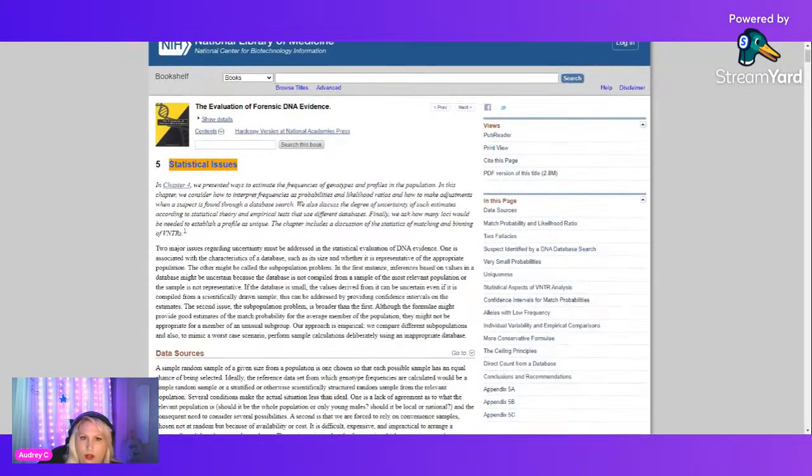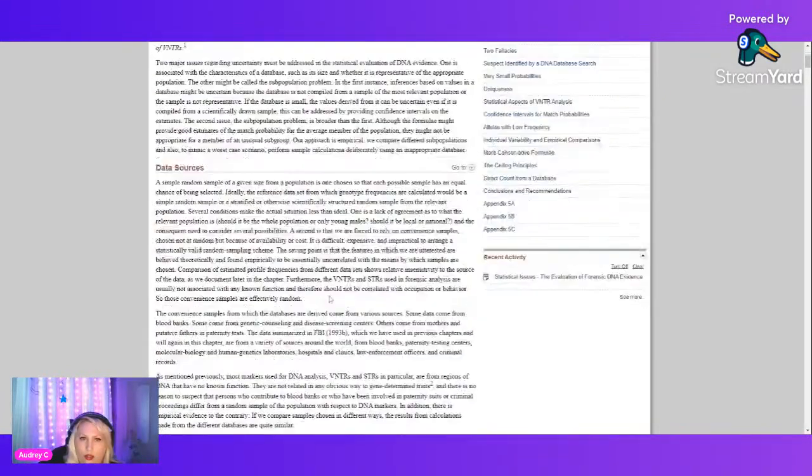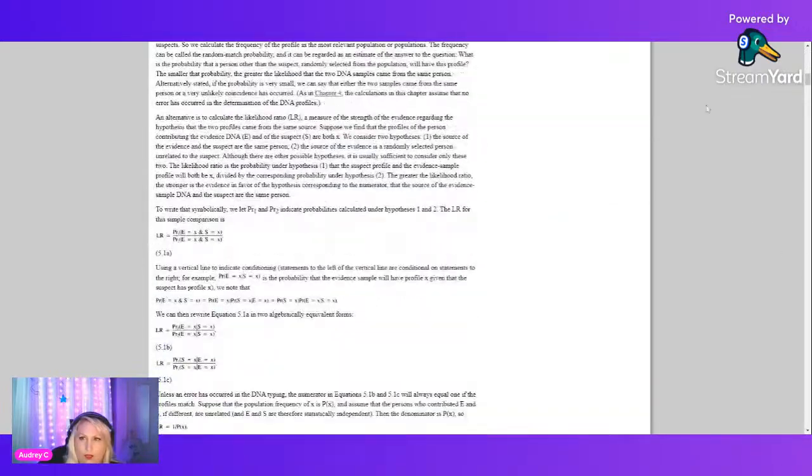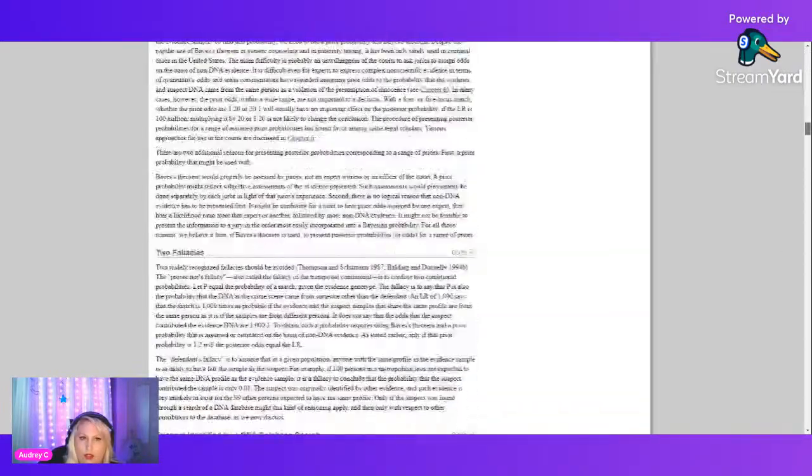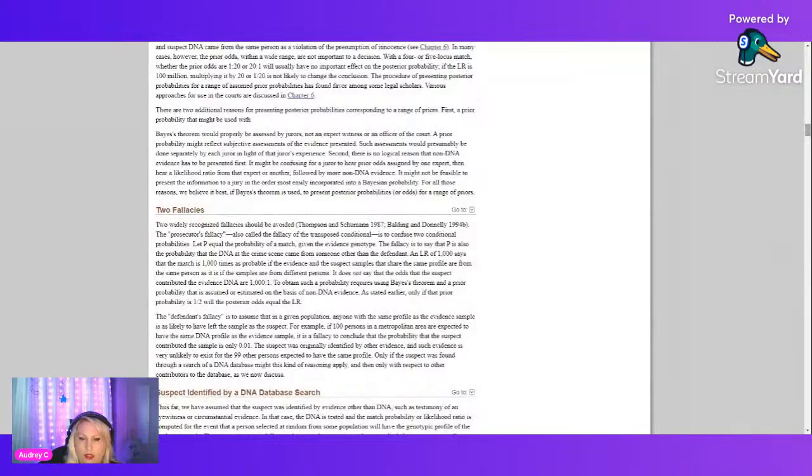So this here, I wanted to go down here to the 2 fallacies. The first one is the prosecutor's fallacy, also called the fallacy of the transposed conditional, which is to confuse 2 conditional probabilities.